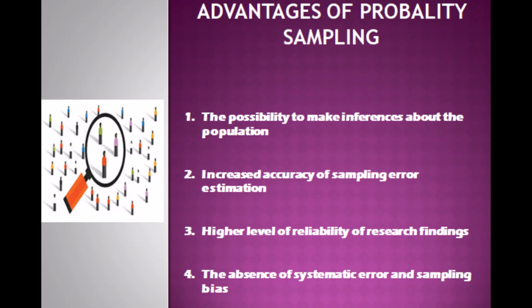The third major advantage of probability sampling is that there is a higher level of reliability of research findings. Since we could rely on the findings or the outcomes of the research from this sample, then we can easily generalize whatever findings we have from the samples over the population.